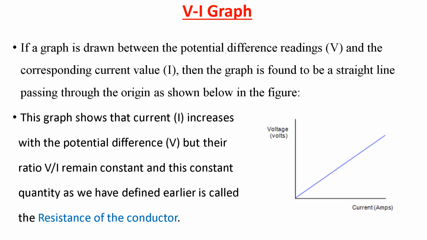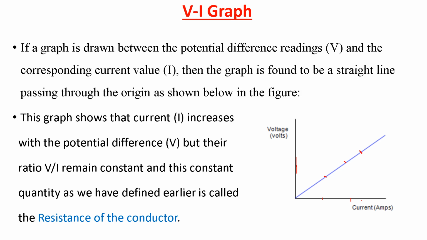Okay, now here there is a V by I graph. To plot this graph, we need to take voltage on the y-axis and we have to take current on the x-axis, and for different values of current and voltage, points are plotted. On plotting the points we get points like this.